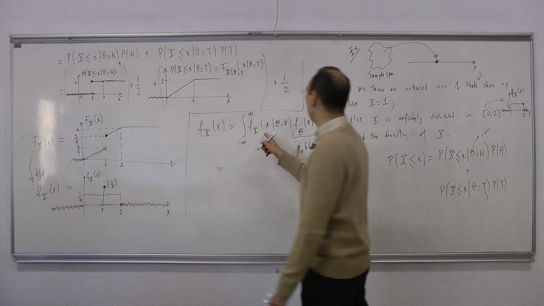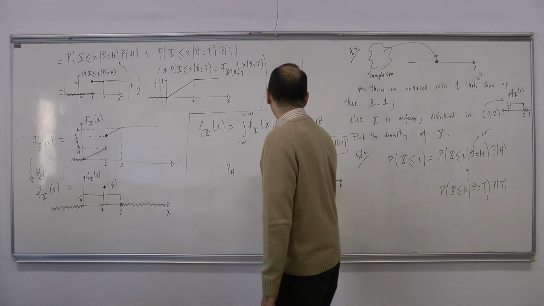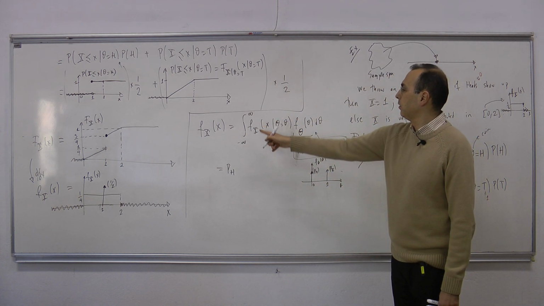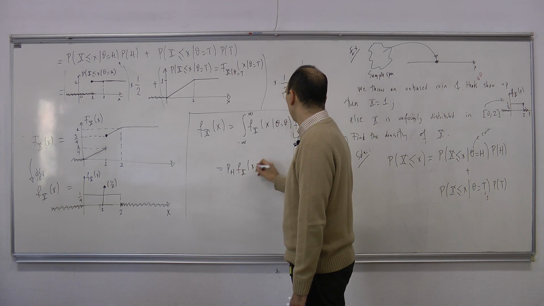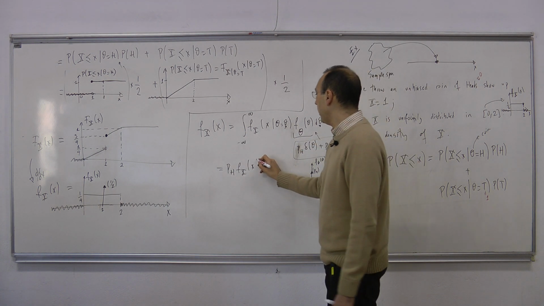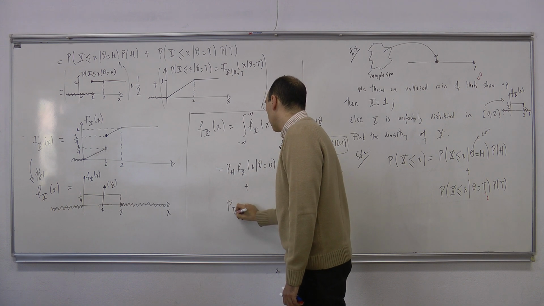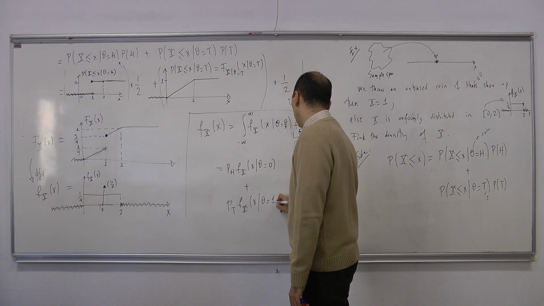Now if I integrate this, you see the following. Just do the integration: probability of heads, because of this impulse, this integral is evaluated using the impulse calculation rules. Theta is the variable of integration, as you see. So it is f of x given theta equal to 0, plus probability of tails times f of x given theta equal to 1.